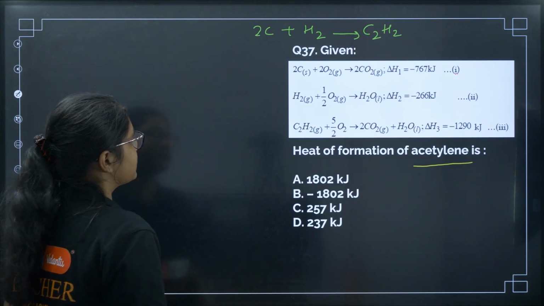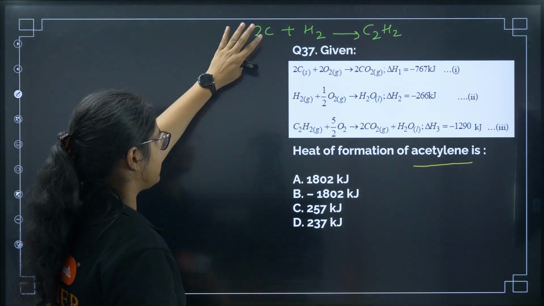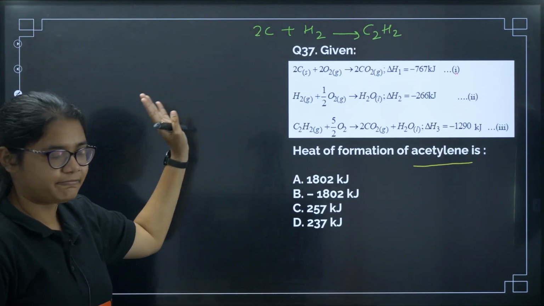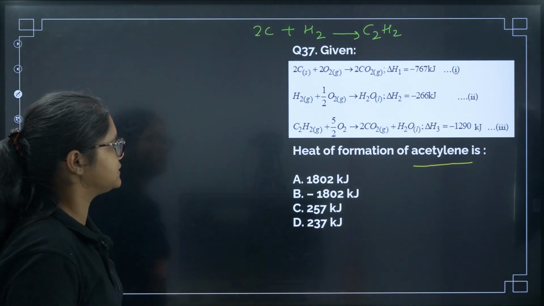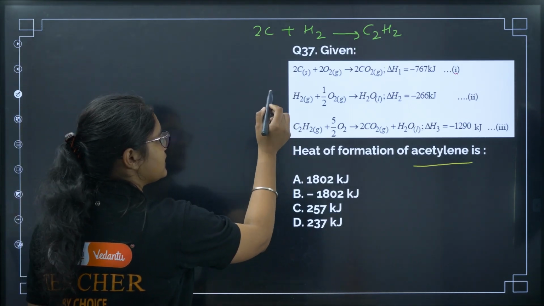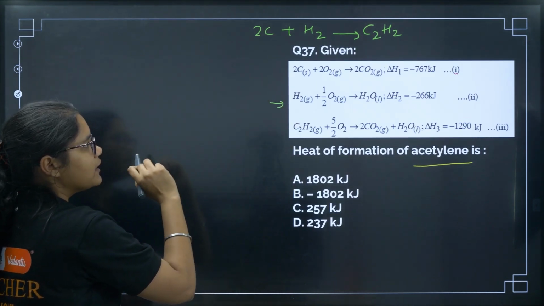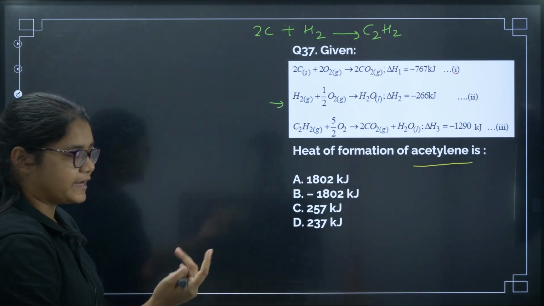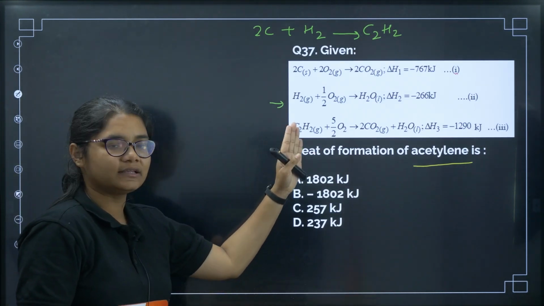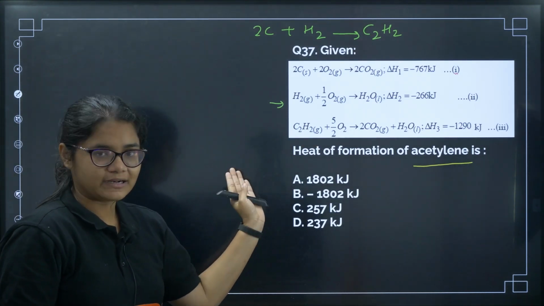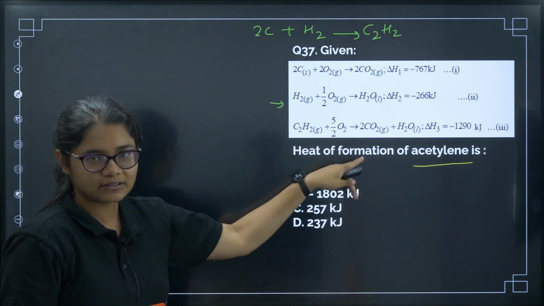Now what I want is, you can see in my required reaction 2C is there on the left hand side, and in the first equation also 2C is there. Now H2 is there, in my second reaction also H2 is there. I need C2H2 on the product side, but in my third reaction C2H2 is there on the left hand side. So I will reverse the third reaction.